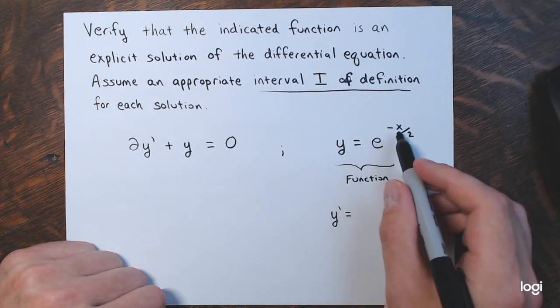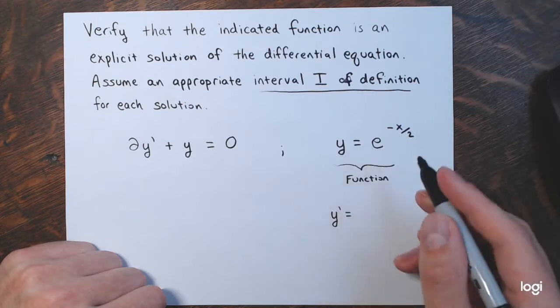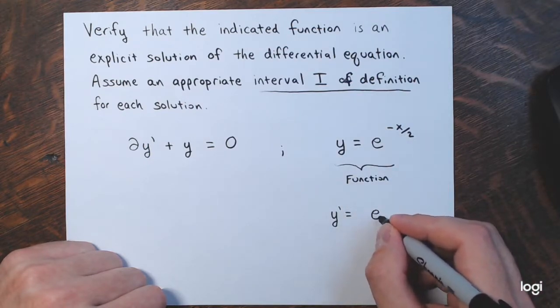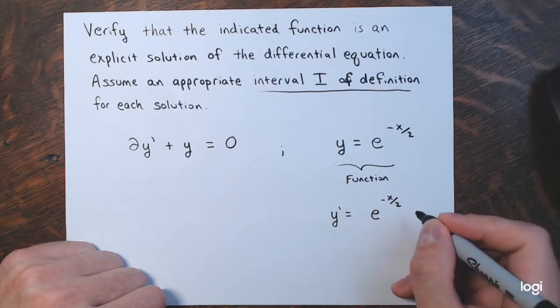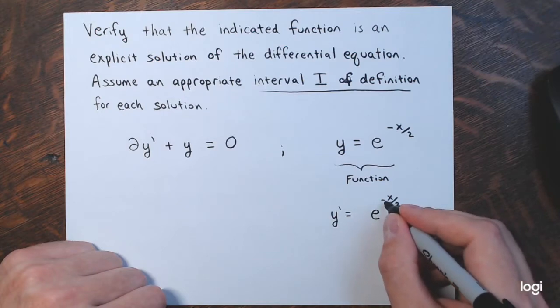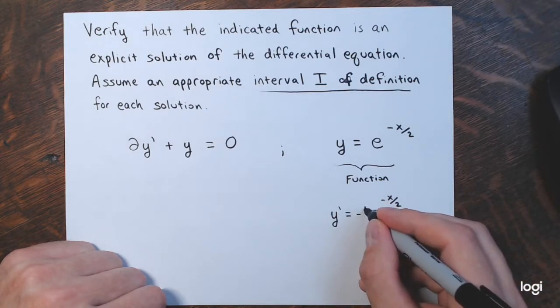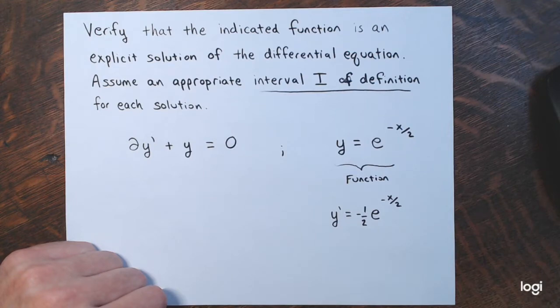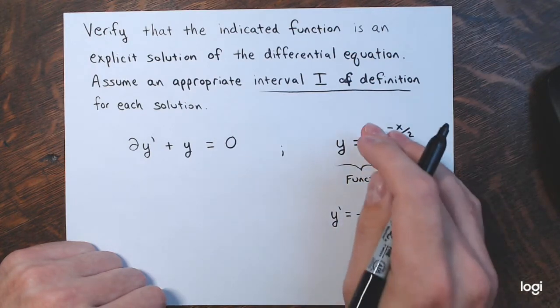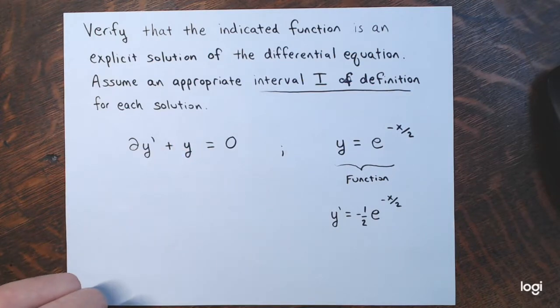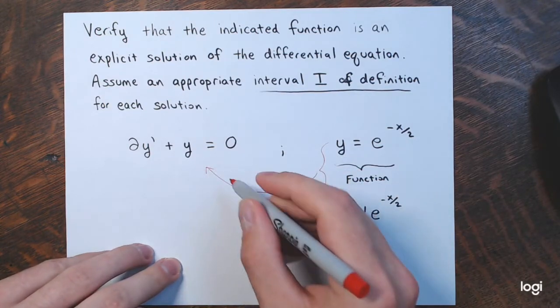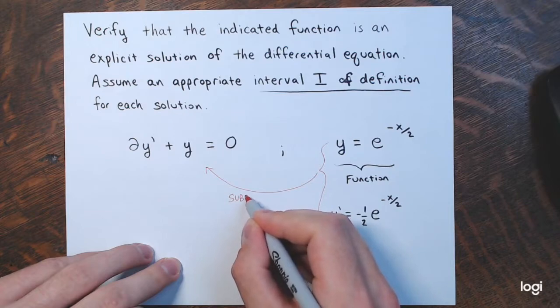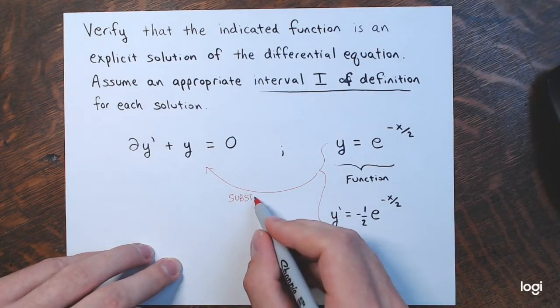If y is e to the negative 1/2 x, y prime would be, since it's an exponential, itself, e to the negative 1/2 x, but then by the chain rule times the derivative of negative 1/2 x with respect to x, which is negative 1/2. Now I have y prime. I substitute them into the equation and verify that this is a true statement.